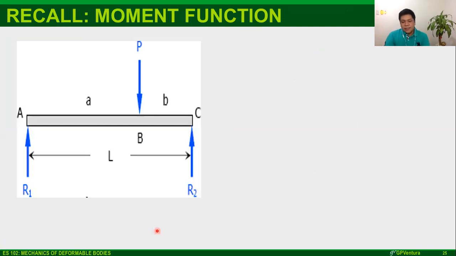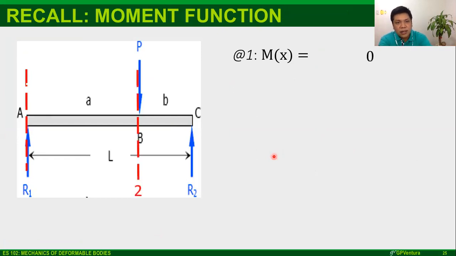Okay. Now, next, I'd like to highlight something and I'd like to show something. Given this simply supported beam over here and a concentrated load P, if I want to solve for the moment function, for example, at section 1, it's equal to 0.